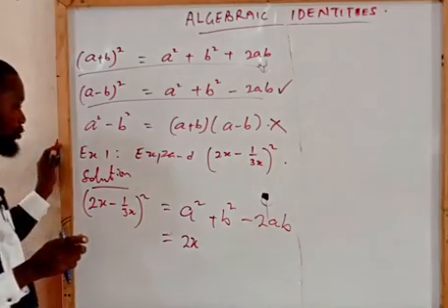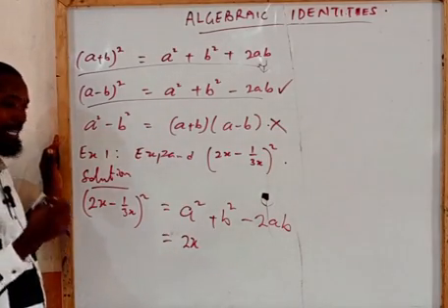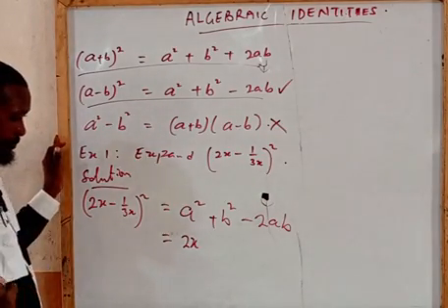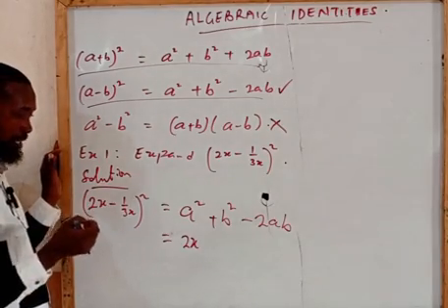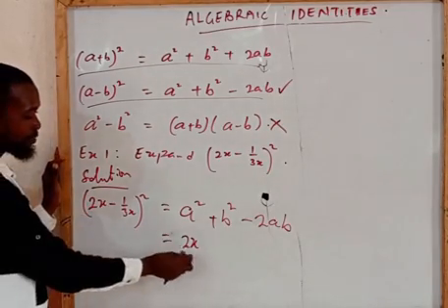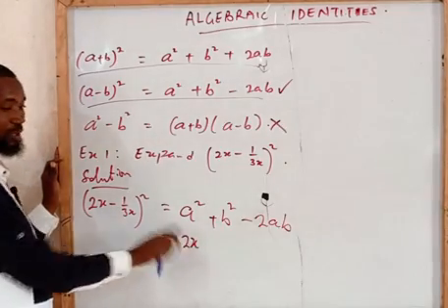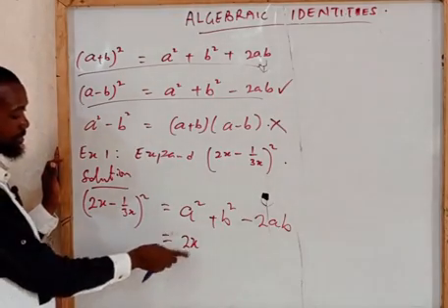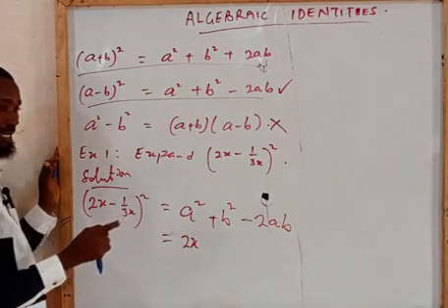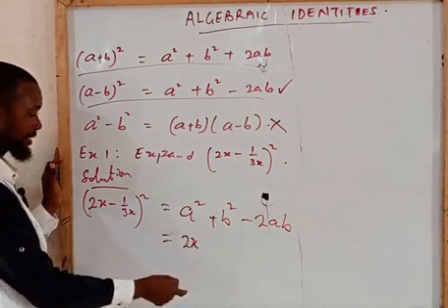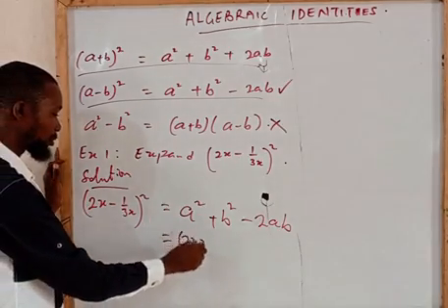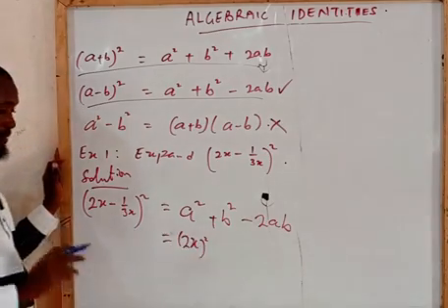Remember, in one of the corrections I made from the assignment which we did some days ago, I corrected some of us that when dealing with a double expression like this, a double expression being a number followed by a letter, in order to square it, it is important to make use of brackets.